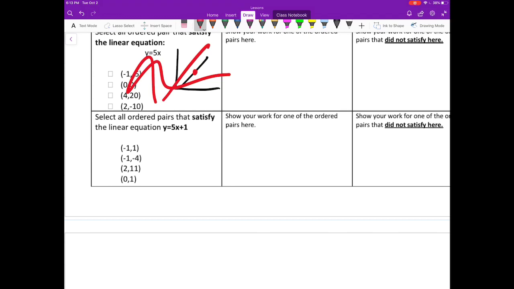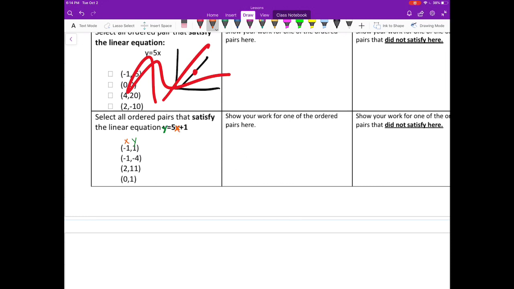All right, so 5x plus 1. Don't we have an x here and a y there? Don't we have an x here and a y here? Oh, I did my colors all wrong. My y is green.